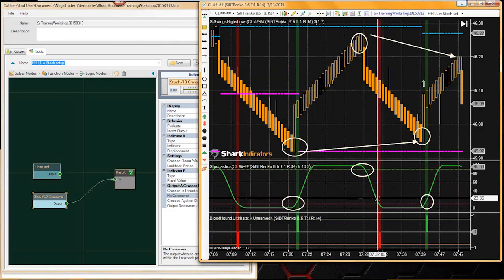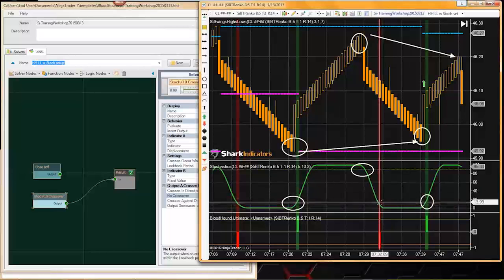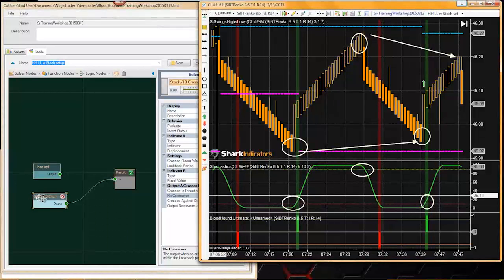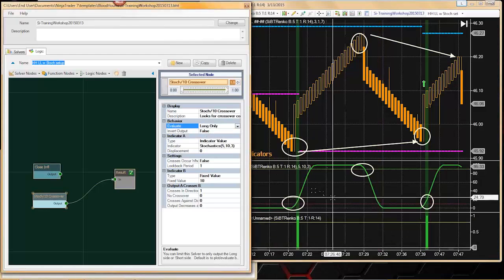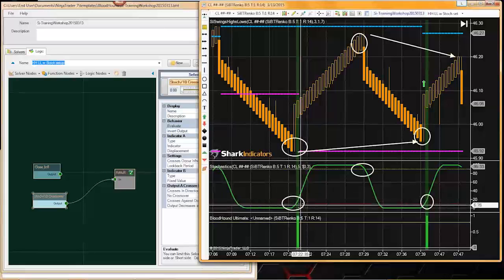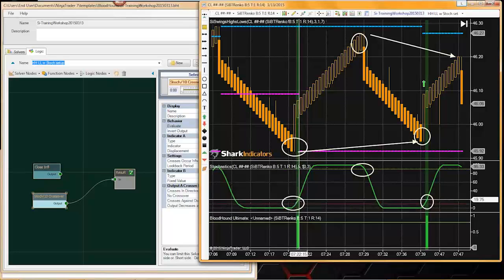We also can see that it's telling us when the stochastic crosses down below 10, and we're not interested in that crossover. So we can eliminate that by changing the evaluate so that it only evaluates the long side. And so now we only have the cross ups, the cross above the 10 value there.